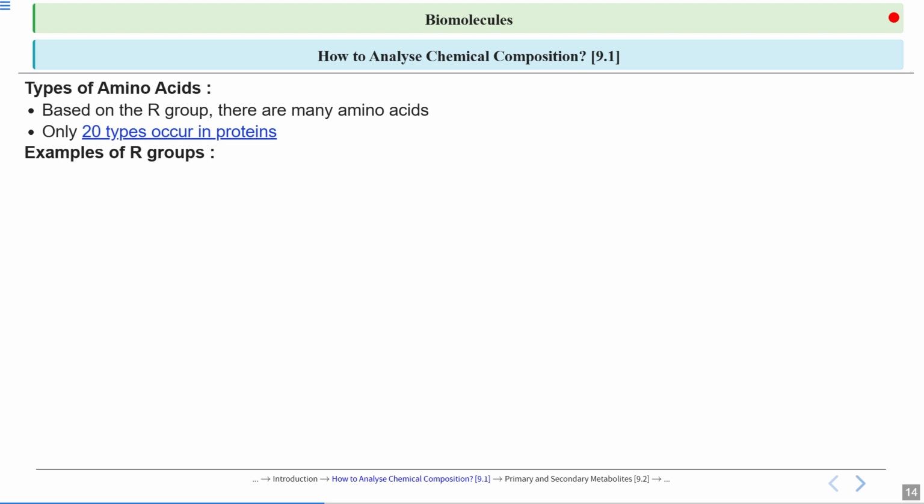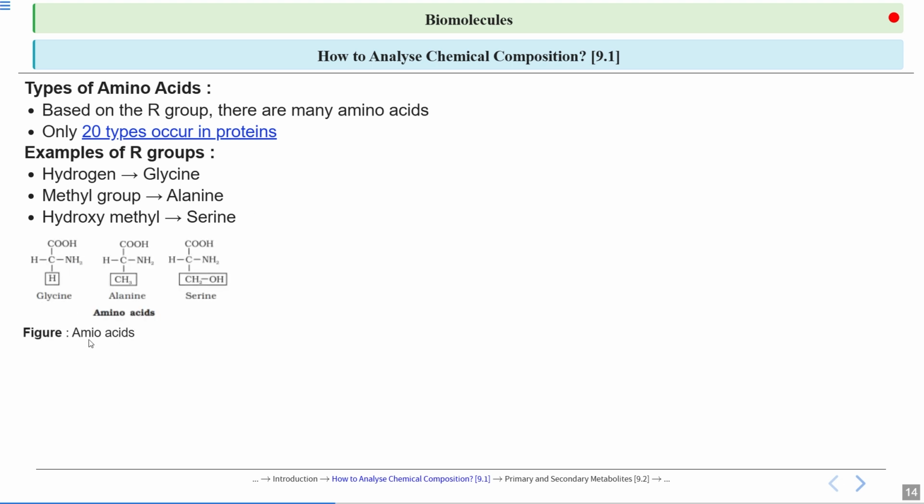Now what are examples of the variable R group? If the R group is hydrogen, it is glycine, the simplest amino acid. If the R group is the methyl group, CH3, it is alanine. If the R group is hydroxymethyl, CH2OH, where hydroxy means the OH group, then it is serine.